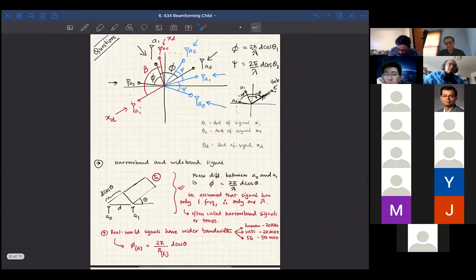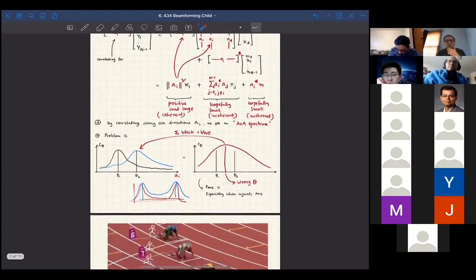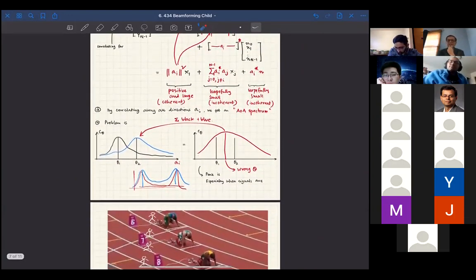And these things do not work very well with multiple users or with few users that are close to each other, for reasons we talked about, where when there are two users, their AOAs are like that, you add them up and you get a very blunt peak, and that blunt peak is at the wrong location because you're adding up these two AOA spectrums.